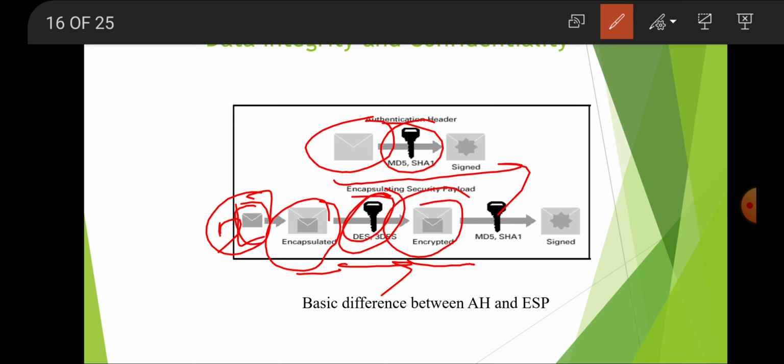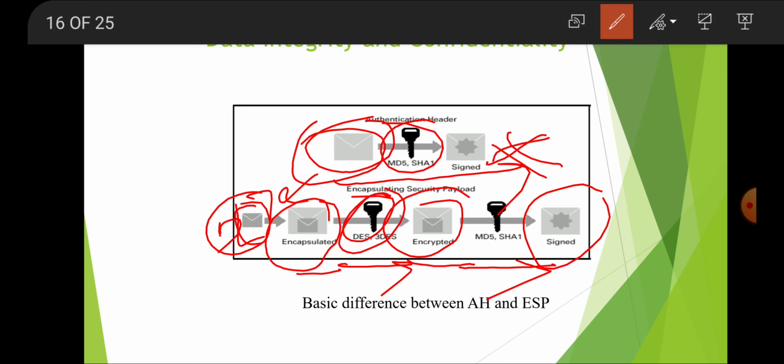Whatever data is provided is encrypted, and then it is sent to the receiver with the signed data. So this is the difference between AH and ESP. In AH there is no encapsulation, but in ESP encapsulation, or we can say encryption, is provided, while in the authentication header encryption is not provided.